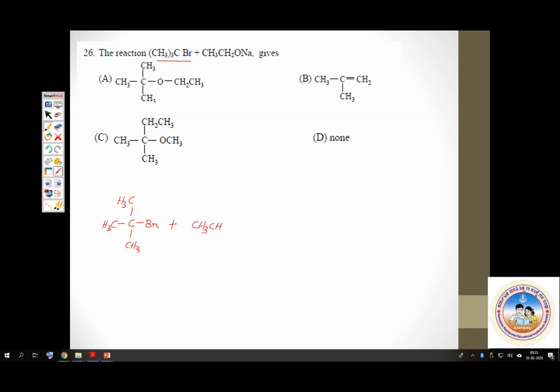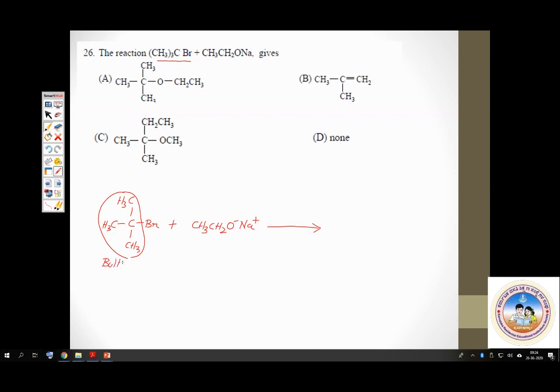It should have been the alkoxide. But it is taken as an alkyl halide, which means this will not give you ether as a major product, because the bulky group is not part of the alkoxide. I repeat, the bulky group is not part of the alkoxide.